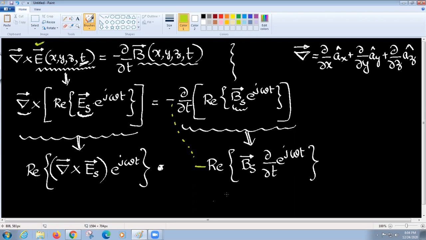Now, what do I get? If I solve it further, this is nothing but negative real part. So what is dou by dou t of e power j omega t? This is j omega multiplied by e power j omega t. So this j omega I'll bring here, and you have the phasor Bs, and of course you have your e power j omega t.